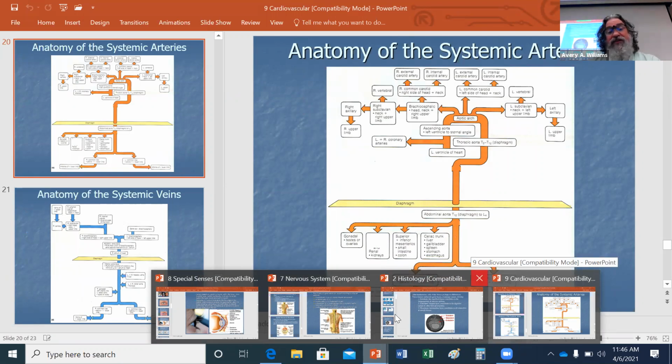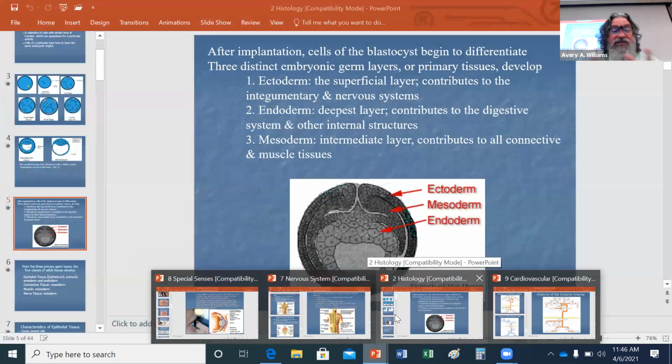But it helps to understand anatomical terminology and histology first. And our second test was all about bones and muscles. That was kind of different.